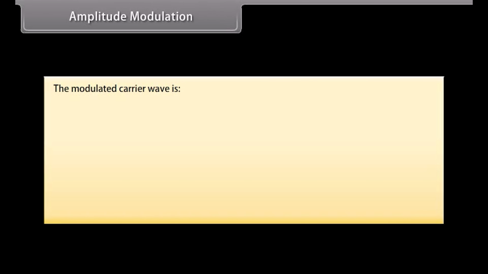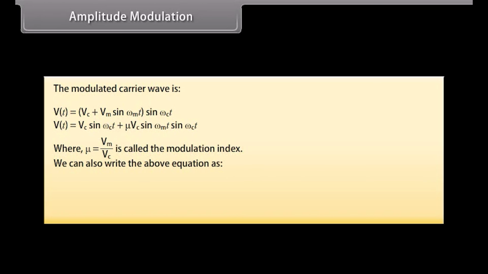The modulated carrier wave is given by v(t) = (Vc + Vm sin omega m t) sin omega c t, which can be written as v(t) = Vc sin omega c t + mu Vc sin omega m t sin omega c t, where mu = Vm/Vc is called the modulation index.